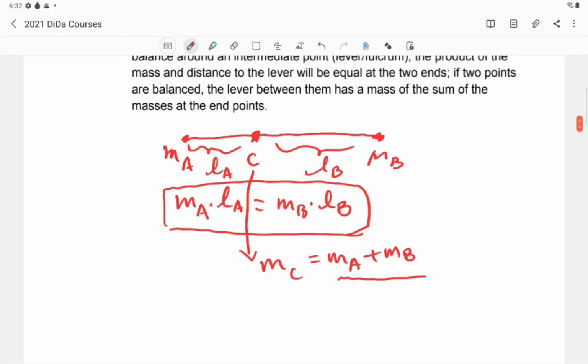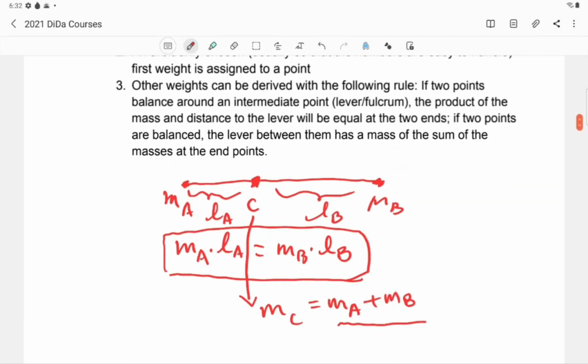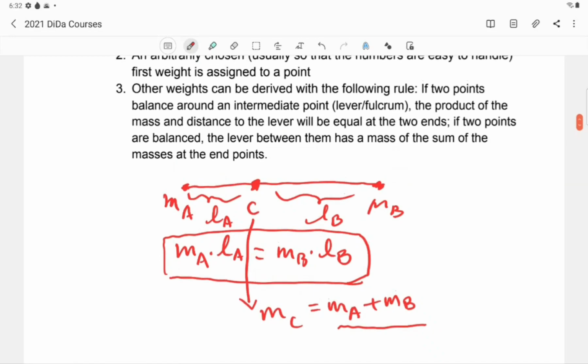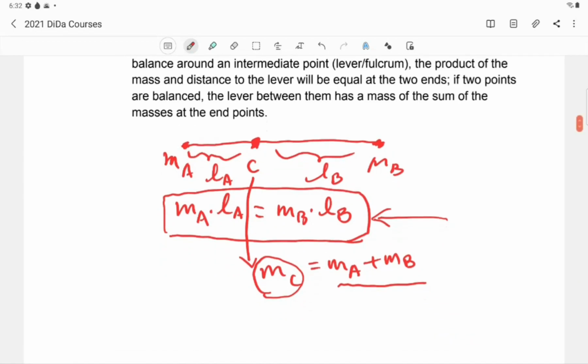And then after that, it's just the propagation of this, because the new mass can be used in its respective balancing rule to find the ratios of other segments instead.